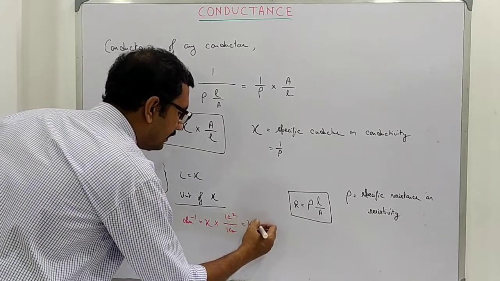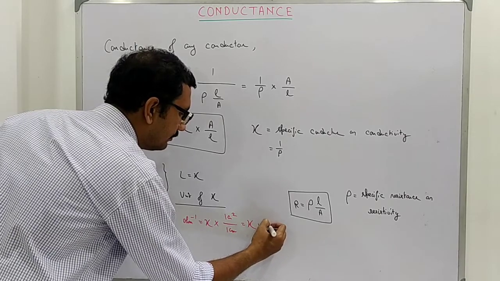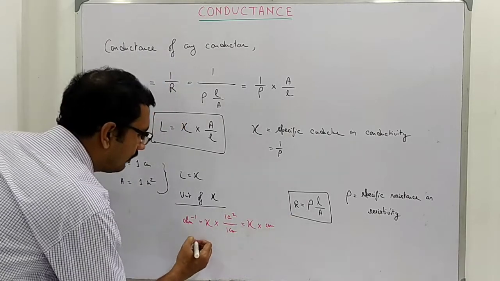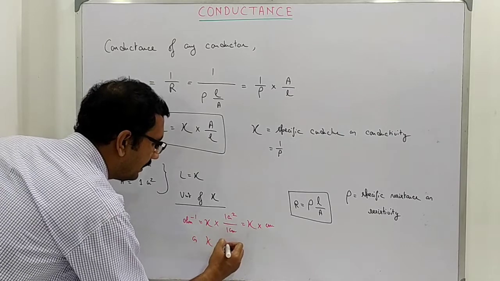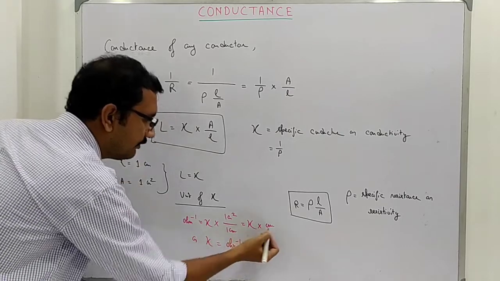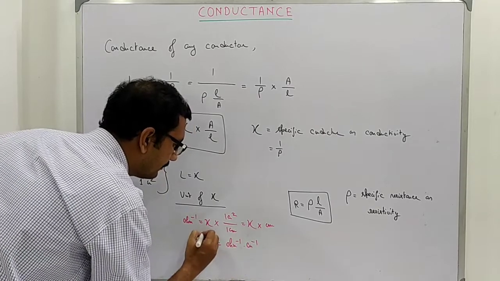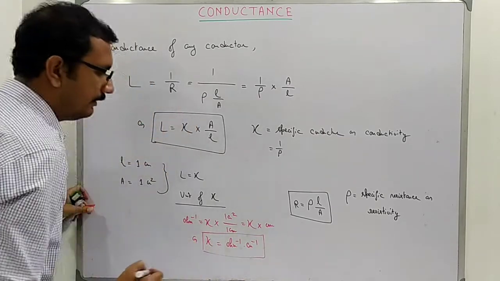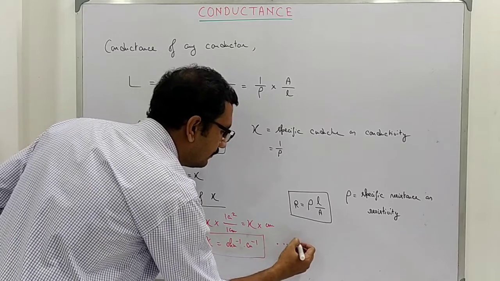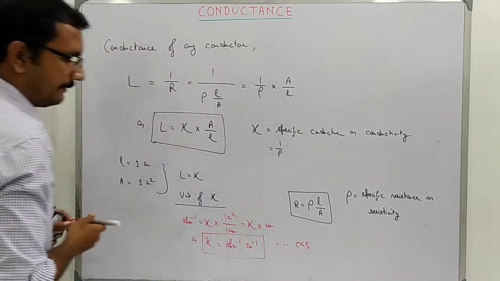So, it is kappa into centimeter, or kappa equals ohm inverse. We take this centimeter to the left hand side, so it will be centimeter inverse. This is in CGS.